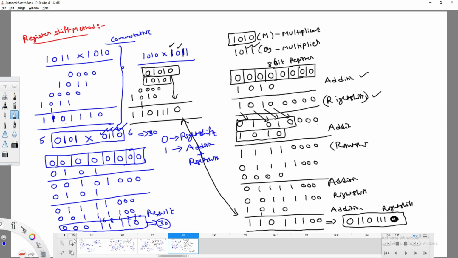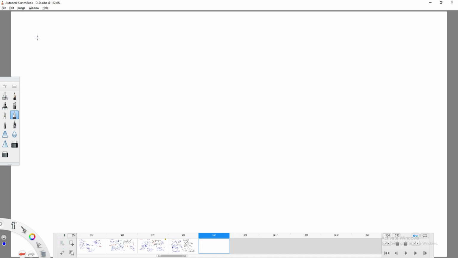Okay, fine. Guys, this particular procedure has an advantage, meaning that when you get zeros, you will simply perform a right shift operation. When you get 1, you are going to perform addition as well as a right shift operation.